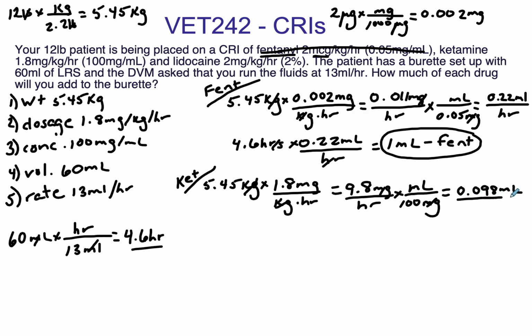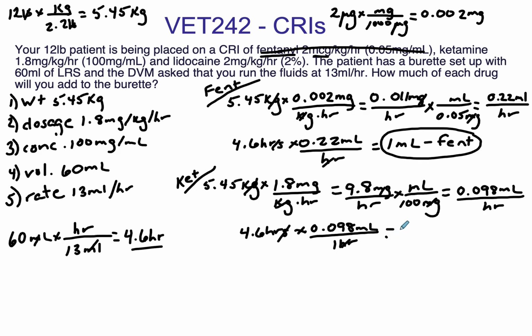Mils per hour. Then, just like I did for my fentanyl, I'm not giving it for 1 hour. I am giving it for 4.6 hours. I don't need to do that again. I've already solved that part of the problem. I can just take that 4.6 hours because it's going to apply to all 3 drugs and multiply it by my 0.098 mils per 1 hour.